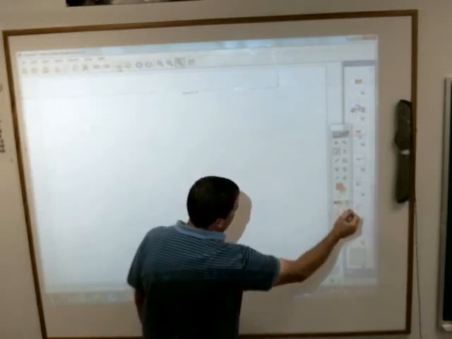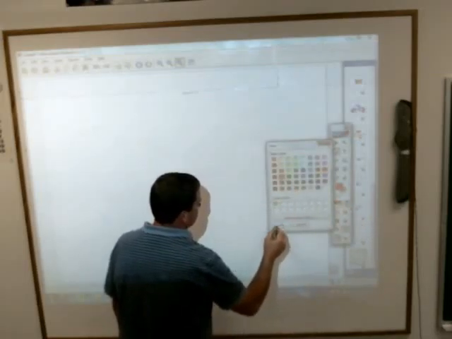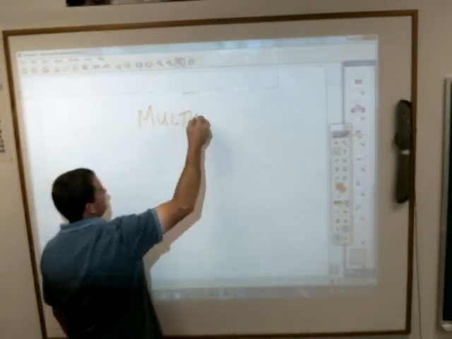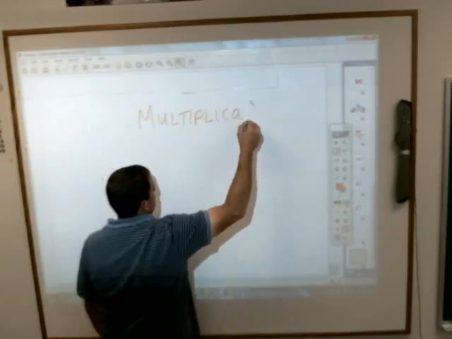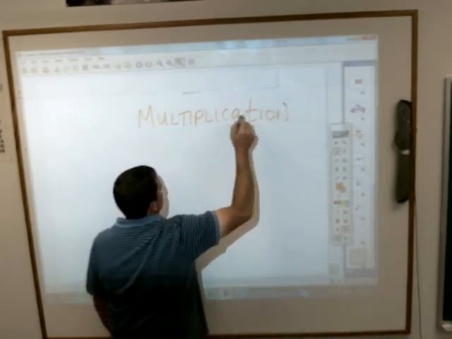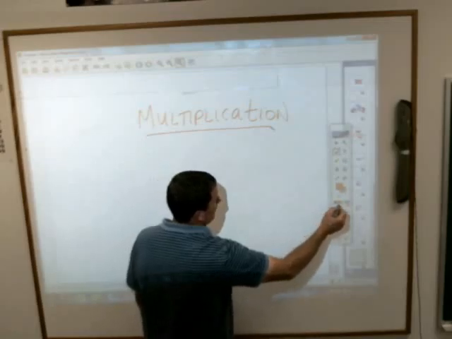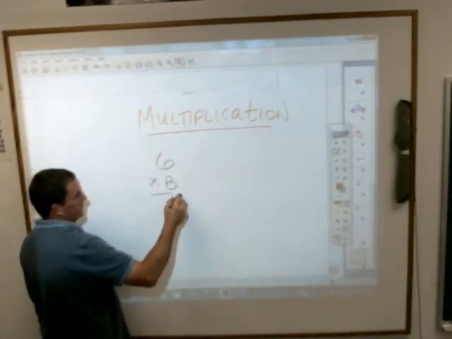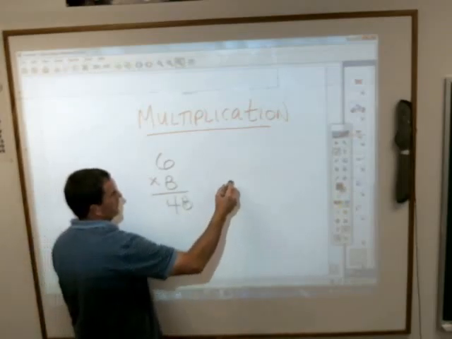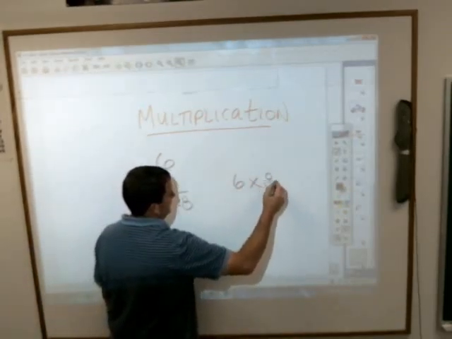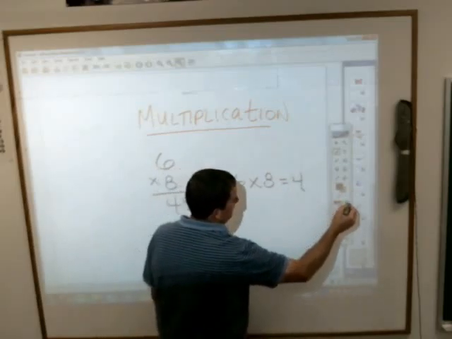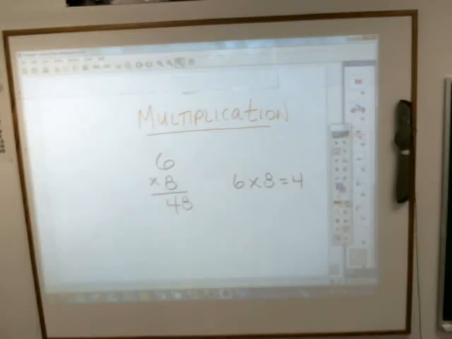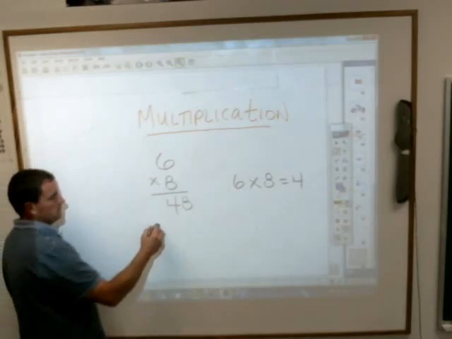In a multiplication problem, you have something that looks like 6 times 8 is 48. The answer in multiplication is, Gabby Barons?